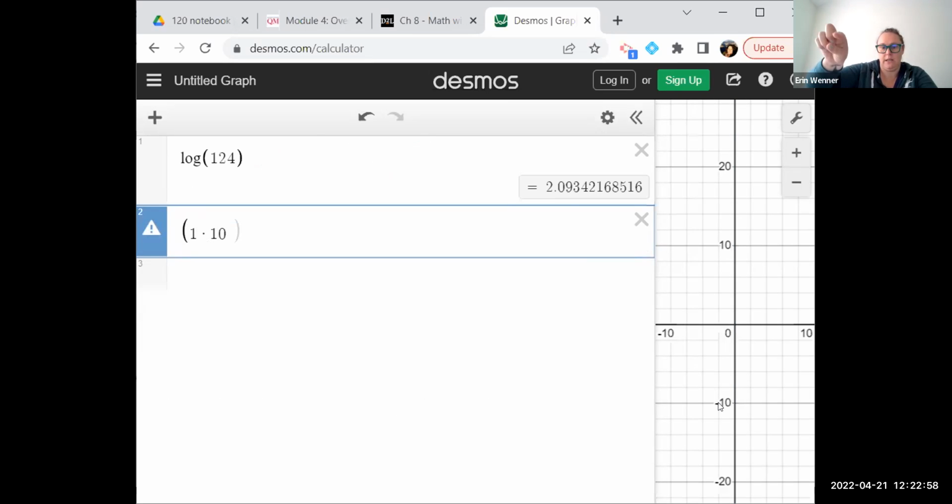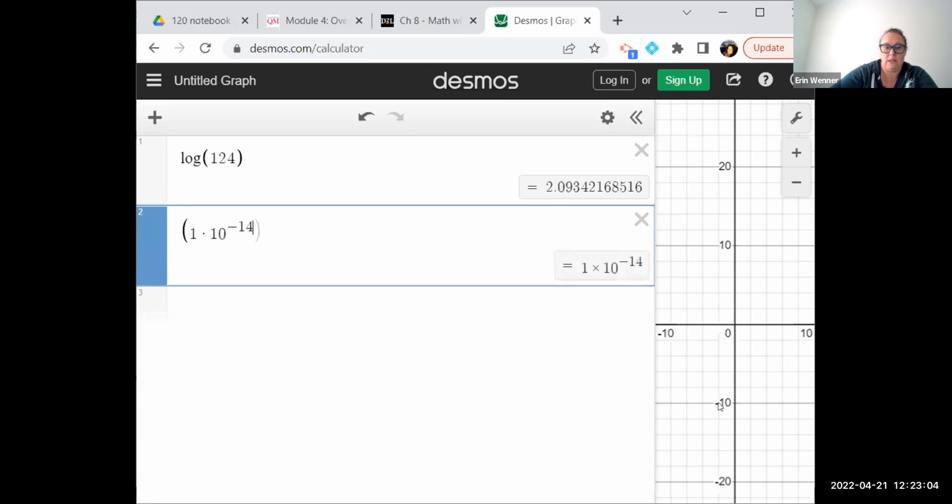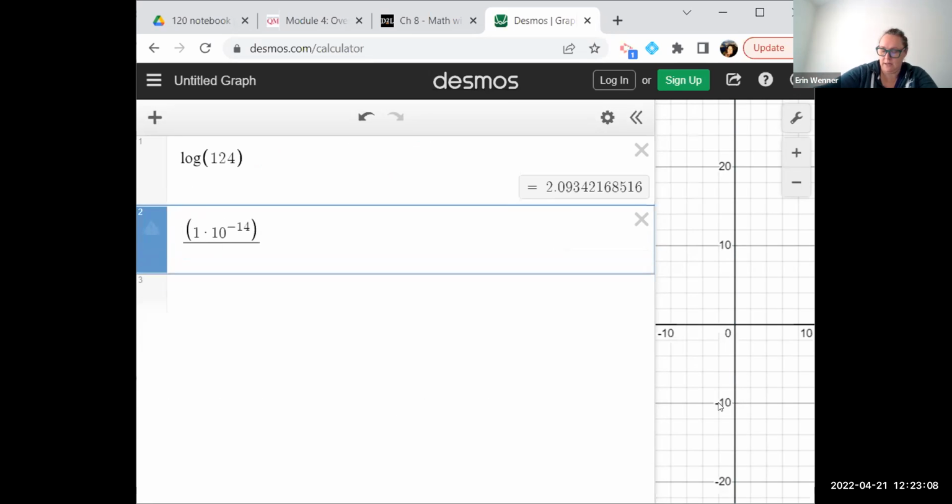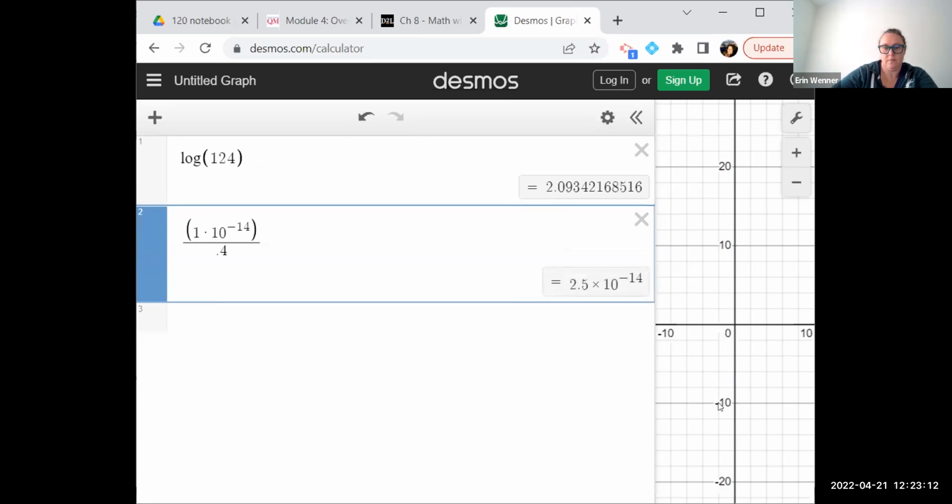I used that caret key. So I did shift and then 6 to get that little arrow thing, the negative 14th, end parenthesis, divided by 0.4. And you can see that that gives us 2.5 times 10 to the negative 14th.